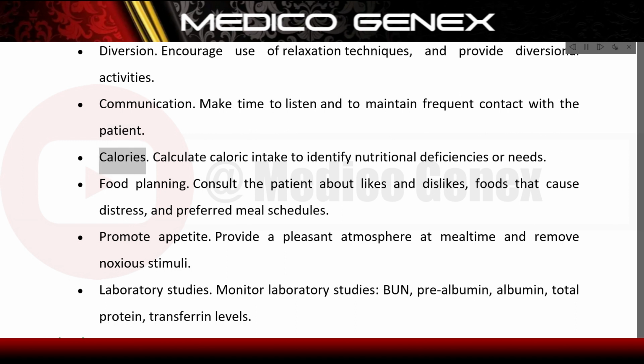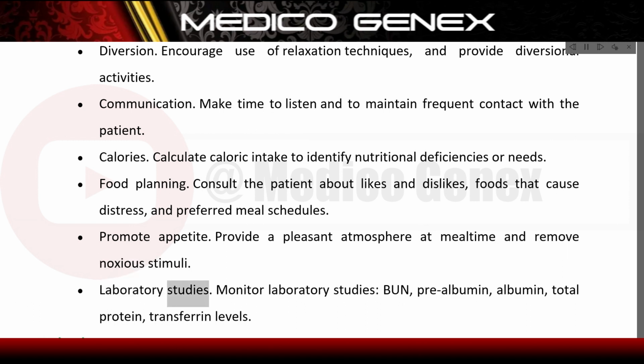Calories: calculate caloric intake to identify nutritional deficiencies or needs. Food planning: consult the patient about likes and dislikes, foods that cause distress, and preferred meal schedules. Promote appetite: provide a pleasant atmosphere at mealtime and remove noxious stimuli.